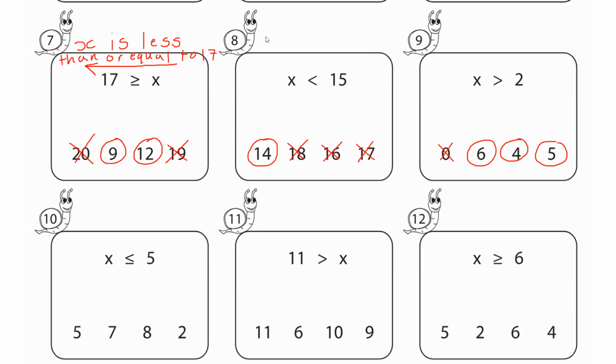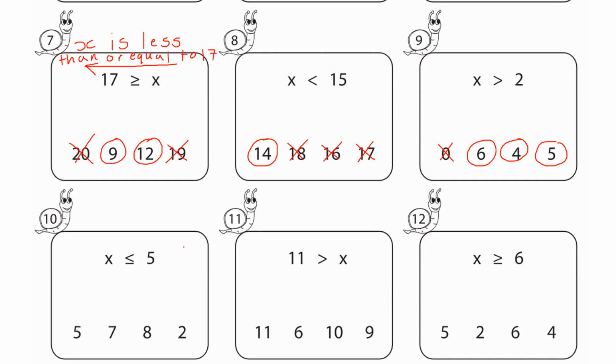Darnik says yes, she does. How about Egypt? Egypt, do you understand this? Egypt says yes, she does. Okay, good. So for x is greater than 2, 6, 4, and 5 are the solutions.